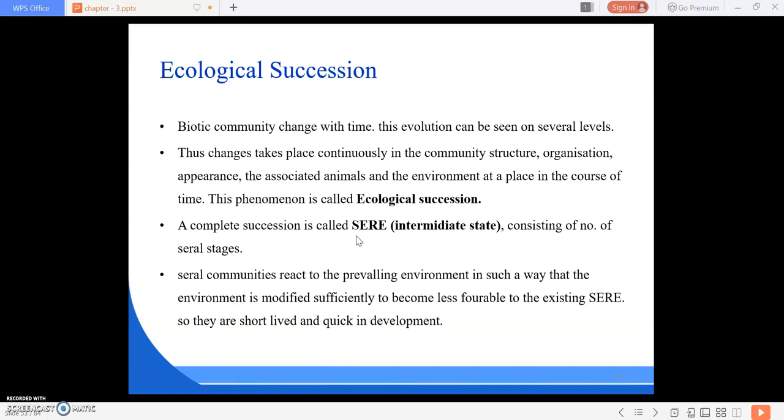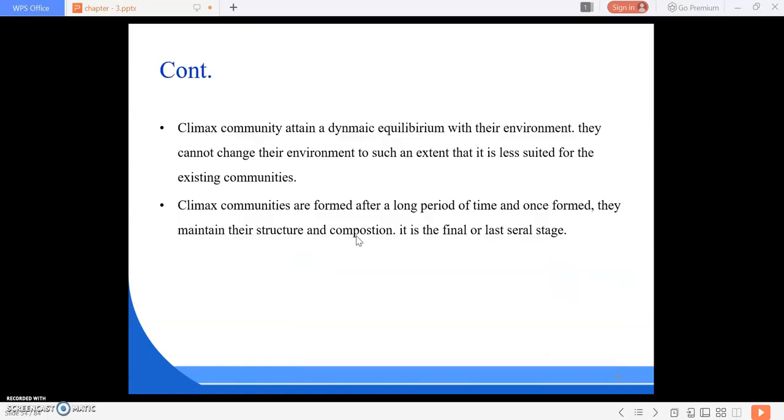These communities are open to large-scale invasion by other species. Several communities react to the prevailing environment in such a way that the environment is modified sufficiently to become less favorable to the existing sere. Serial communities are therefore short-lived and quick in development.